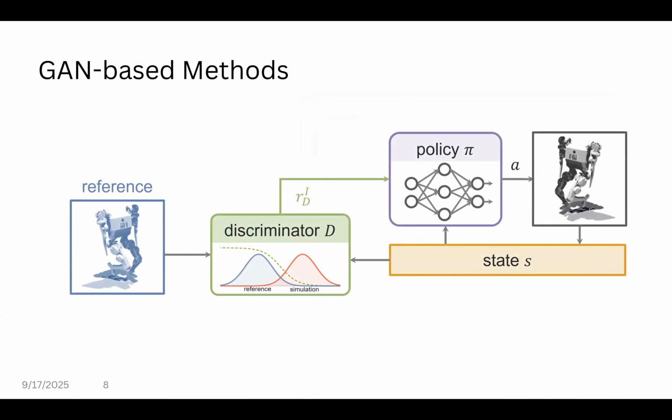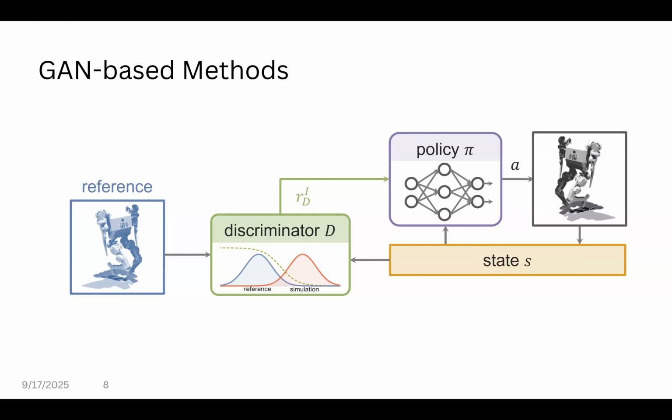So, GAN-based method, what does it mean? This algorithm block here is simply a discriminator. The only job the discriminator is trying to do is to distinguish the motions in your reference data set from the motions that you actually generate. And when the discriminator cannot distinguish these motions anymore, it means your policy is able to generate motions that are very similar to the reference.